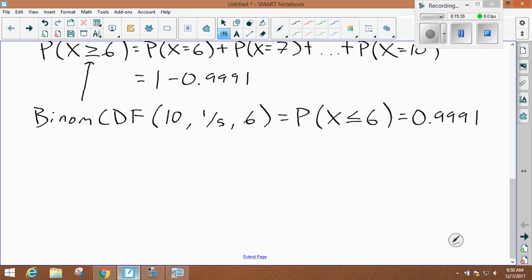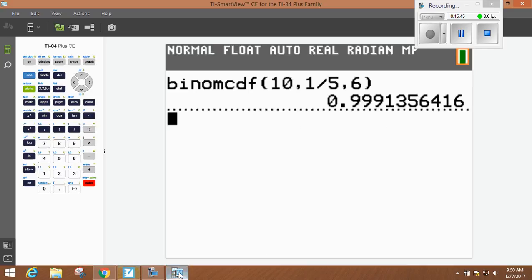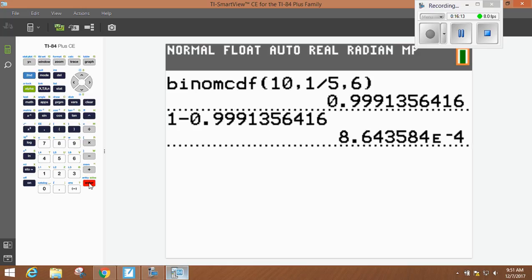We can go to our calculator and just go 1 minus our last answer, and we'll hit enter.